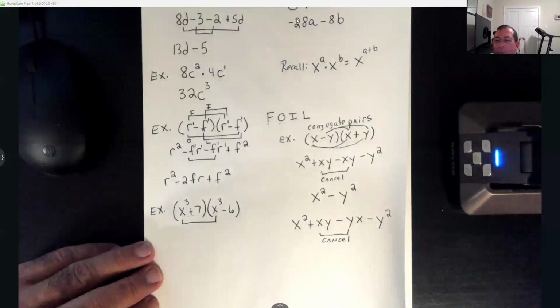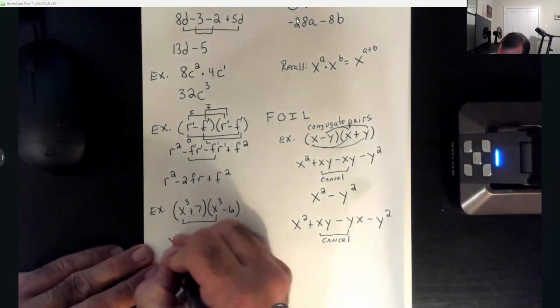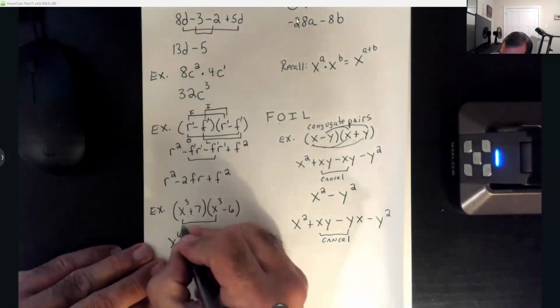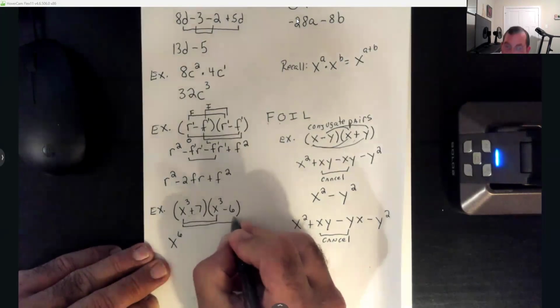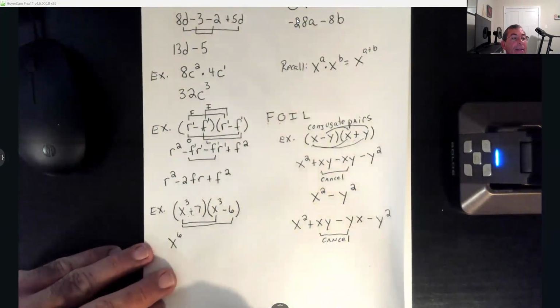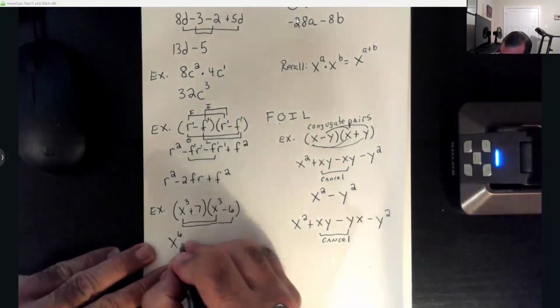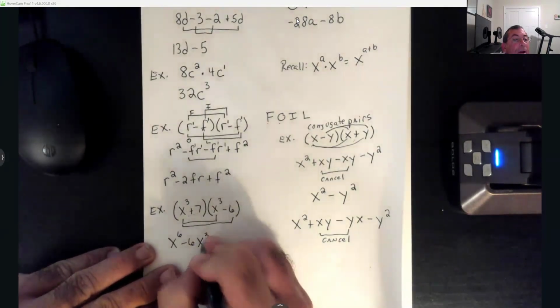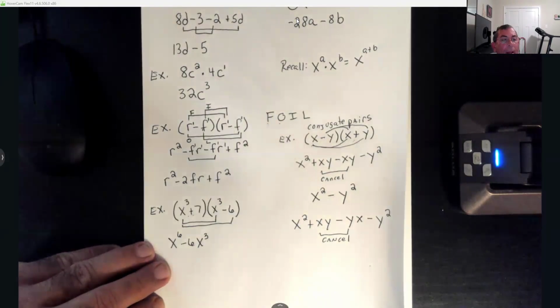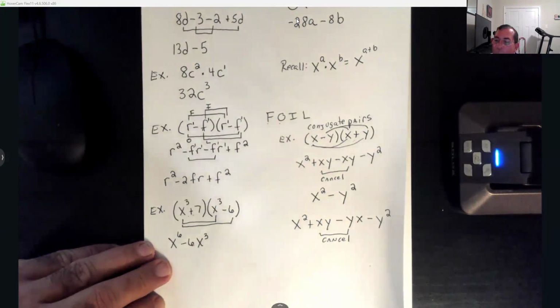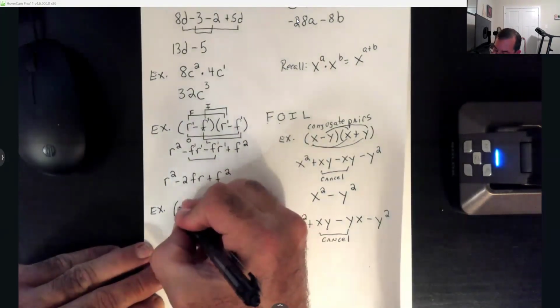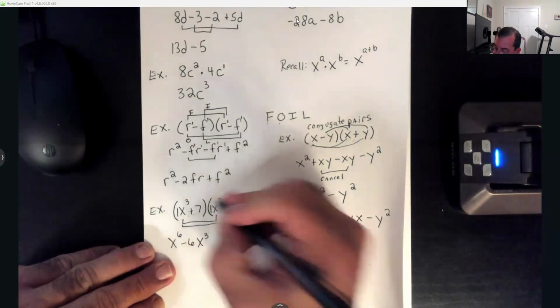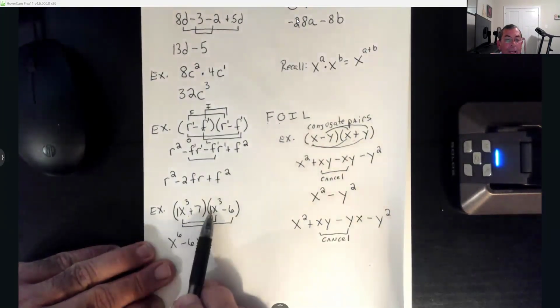So what'd y'all get on that? So x to the sixth, good job. And then I'm going to take the x cubed times negative 6 so that you get a negative 6x to the third. Now, Taylor, you got 2x to the sixth, but remember, those are ones in front of these, and you're multiplying 1 times 1.